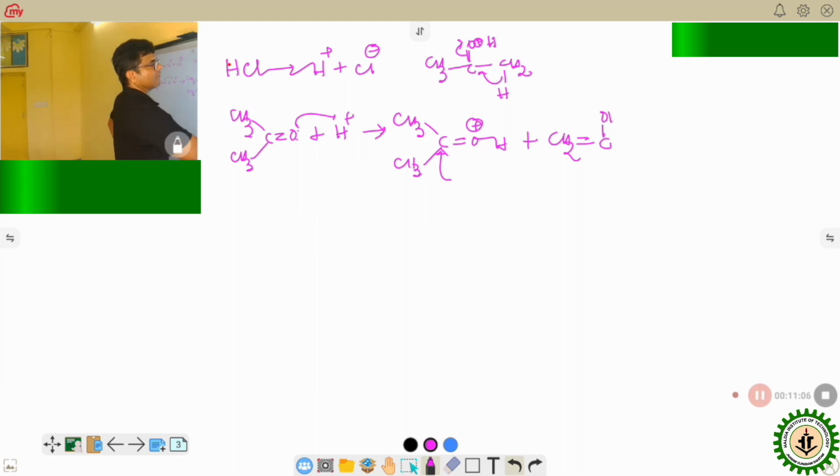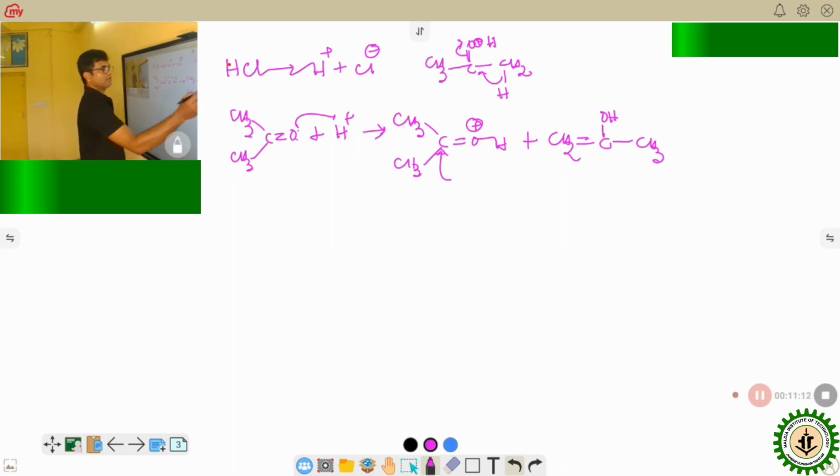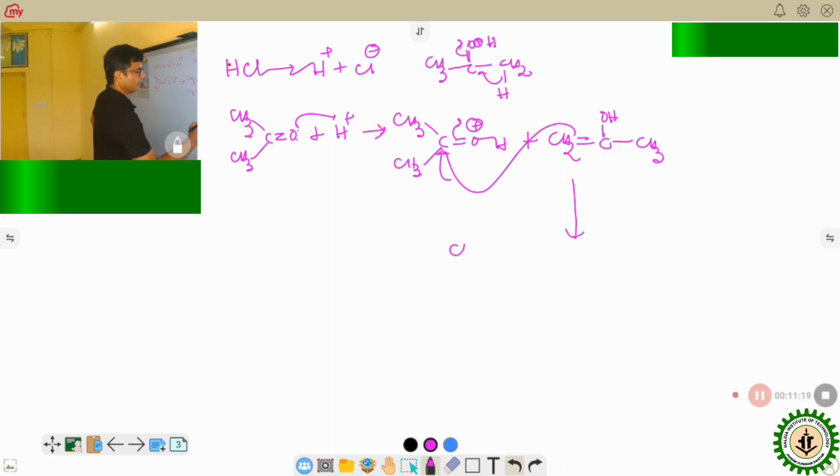This intermediate is formed. Now with this enol, another molecule of the ketone reacts with this carbon and attack will be this hydroxy.